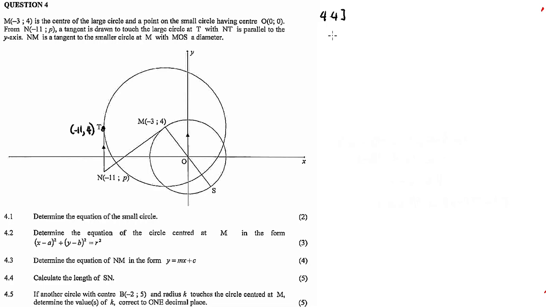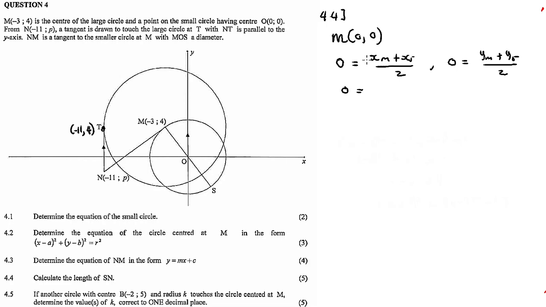So the midpoint is 0 and 0, right? 0 and 0. Let me take the y coordinate, okay, let's start with x. The x coordinate for a midpoint is xm plus xs divided by 2. And then the y coordinate, which is 0, is also ym plus ys divided by 2.